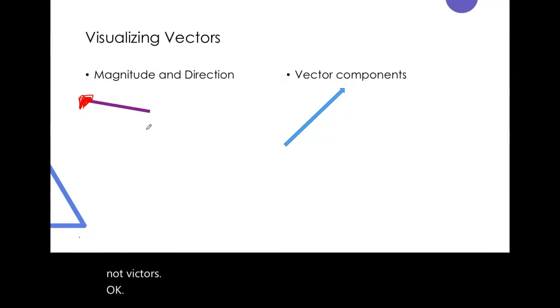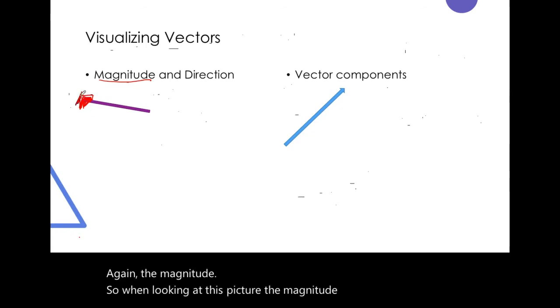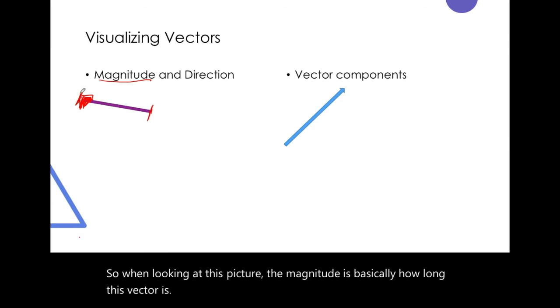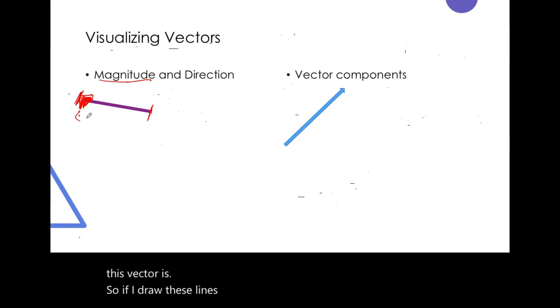Okay, so again, the magnitude. When looking at this picture, the magnitude is basically how long this vector is. If I draw these lines here, that shows us how long that arrow is. So that's the magnitude.